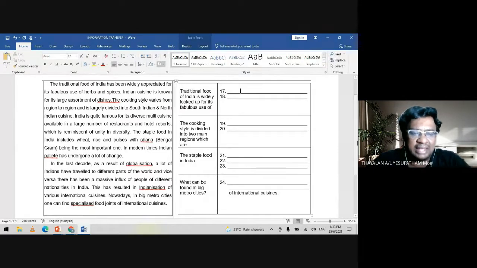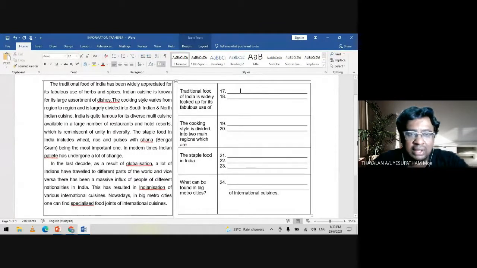In the last decade, as a result of globalization, a lot of Indians have traveled to different parts of the world and vice versa. There has been a massive influx of people of different nationalities in India. This has resulted in Indianization of various international cuisines. Nowadays, in big metro cities, one can find specialized food joints of international cuisines.